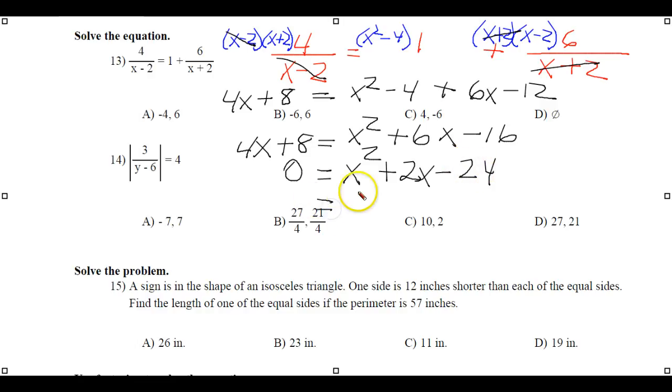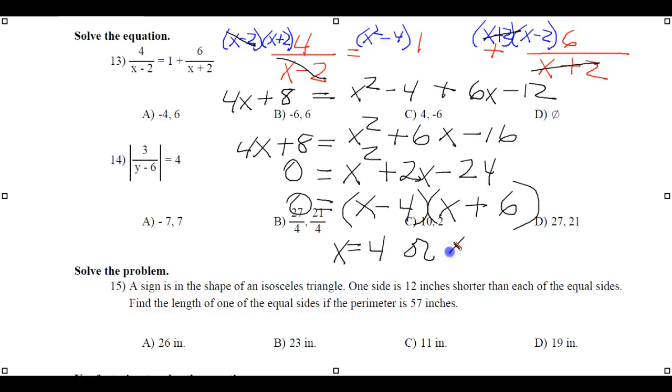Now I have a quadratic equation. I want to solve it by factoring. X, 6, 4. My middle term is plus, so the 6 is plus, and this is a negative. Now I equate each of my factors to 0, and here this is x equals 4, or x equals a negative 6. Now when I put them back in this equation, they should check out.